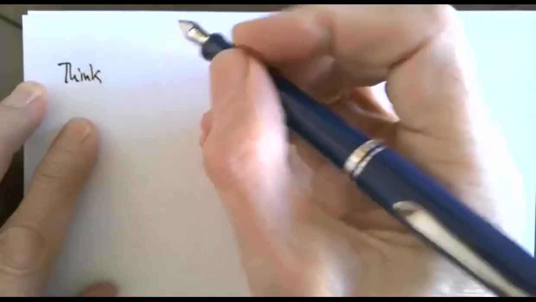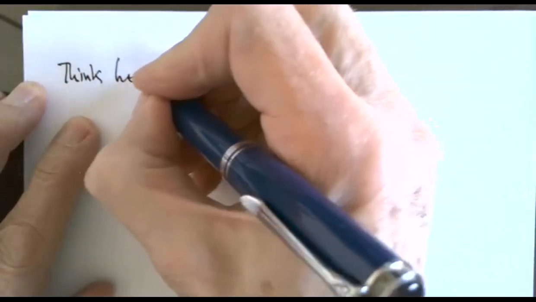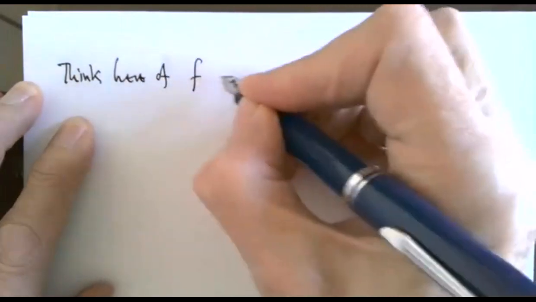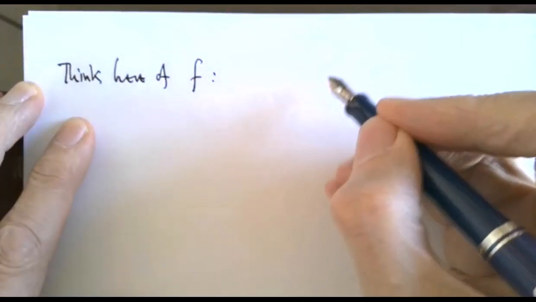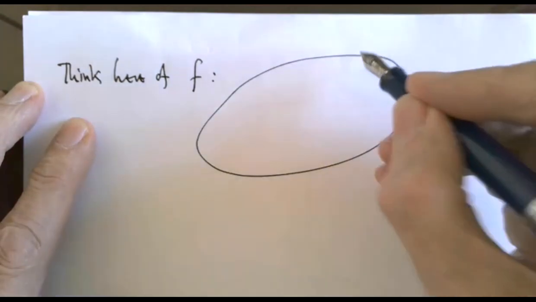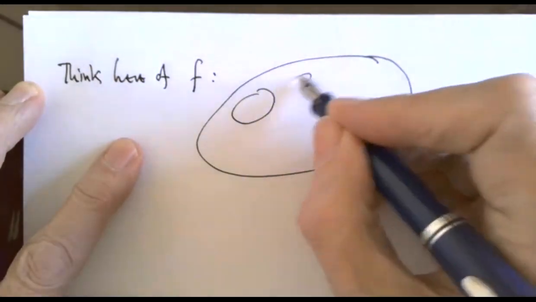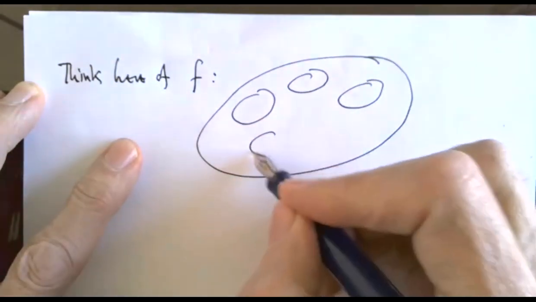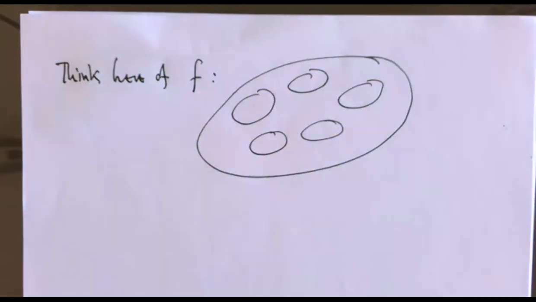So again, keep referring to the notes there. I think of F as giving me a whole bunch of sets. Speak up if this is going wrong.